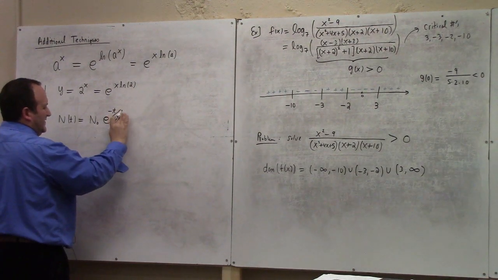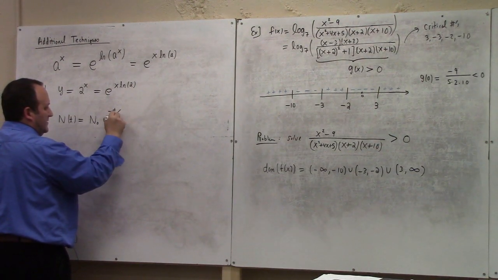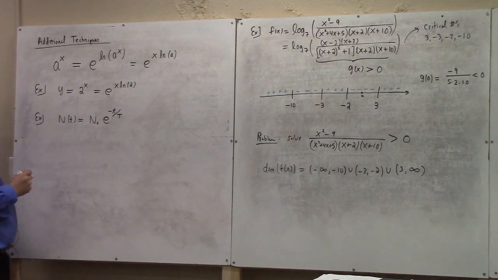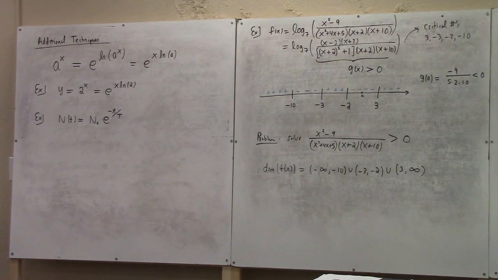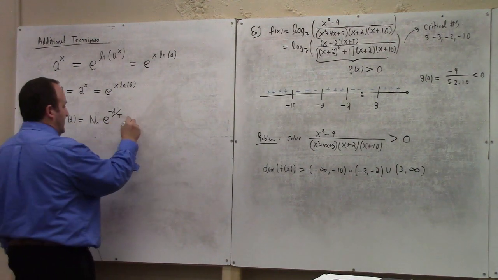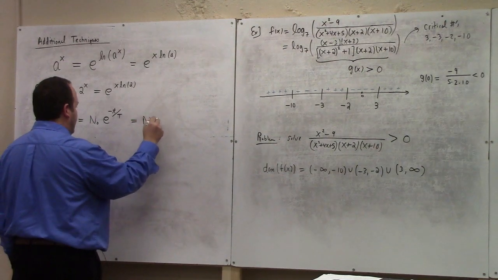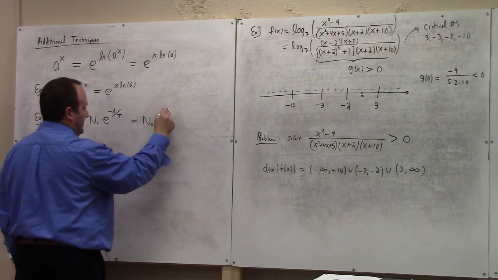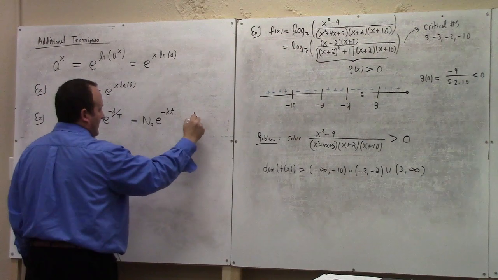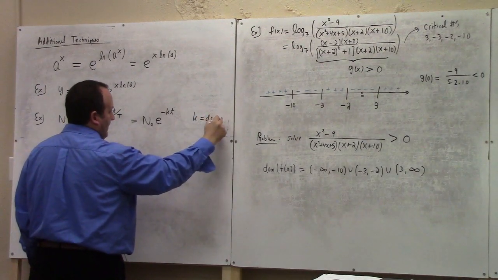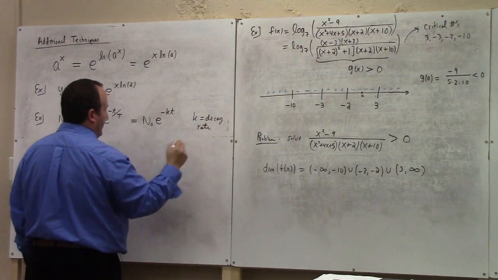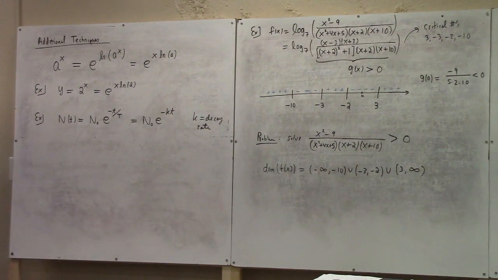But that looks too much like t, so I'm going to use big T, t over T. This is the formula you might find in radioactive decay. In the other formula, I might have told you, e to the minus kt, where k is the decay rate. And k is related to big T.